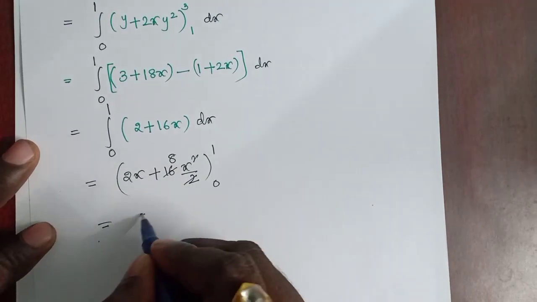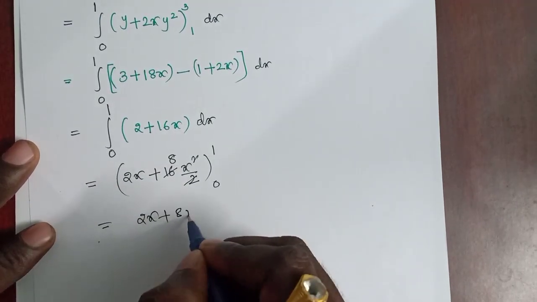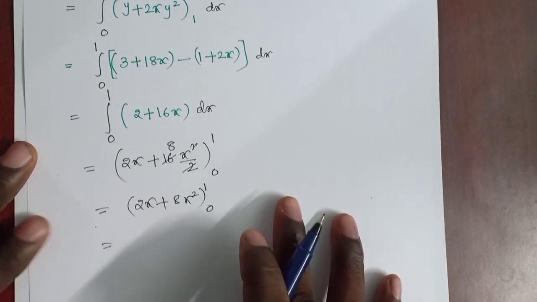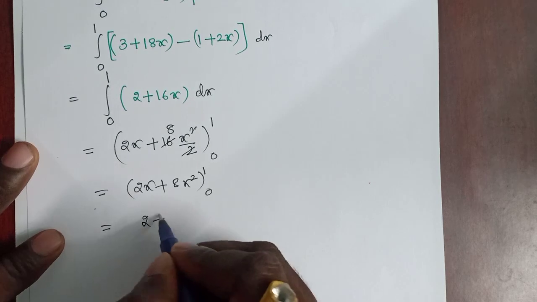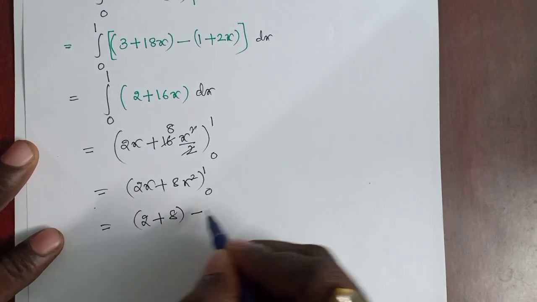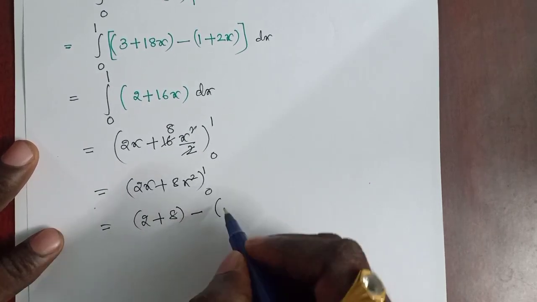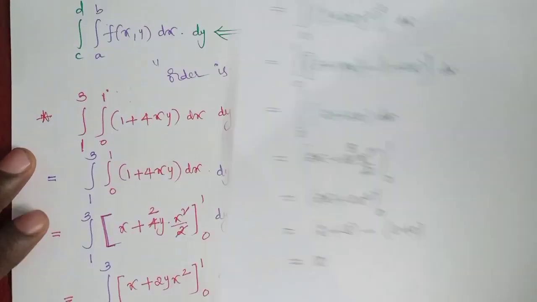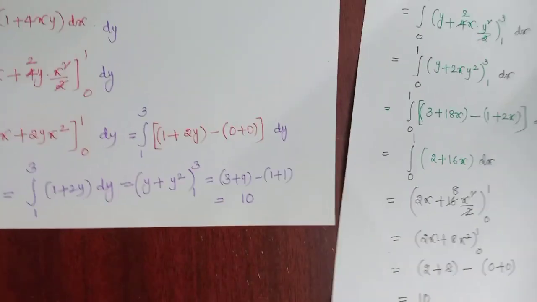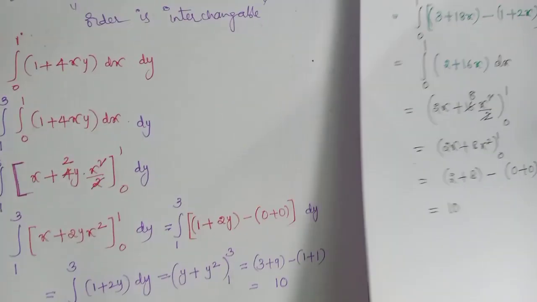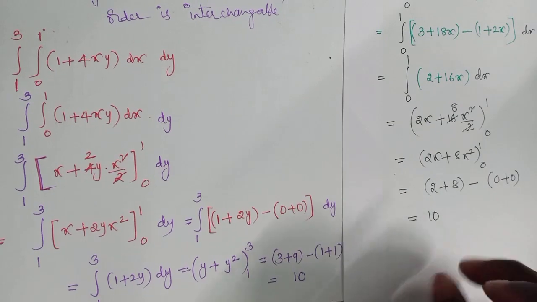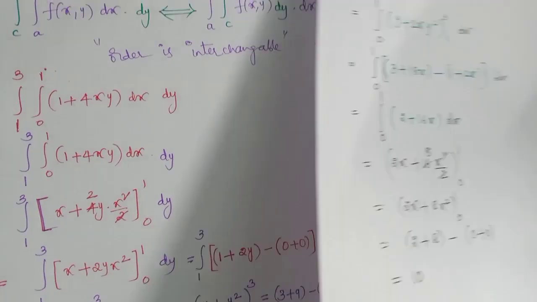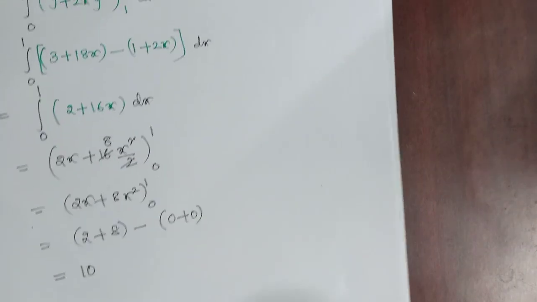Now substituting the boundaries, 2x plus 8x square, the boundaries are 0 to 1. Substituting the upper boundary, we get 2 plus 8, and for the lower boundary, 0 plus 0. So finally it is 10. Before interchanging the boundaries we got 10, and after interchanging the limits we also get 10. So the order of the integration is interchangeable, no problem.